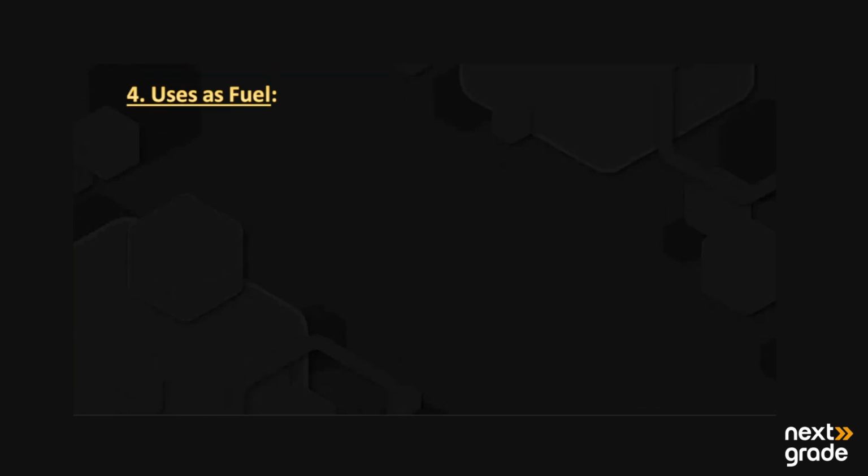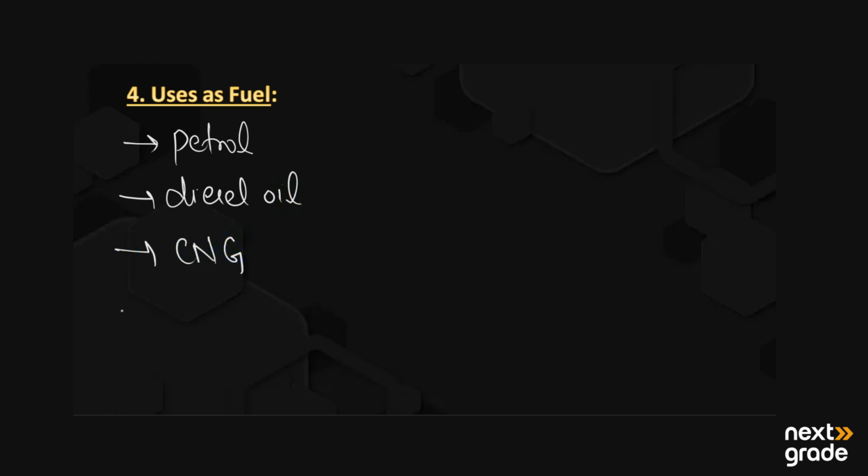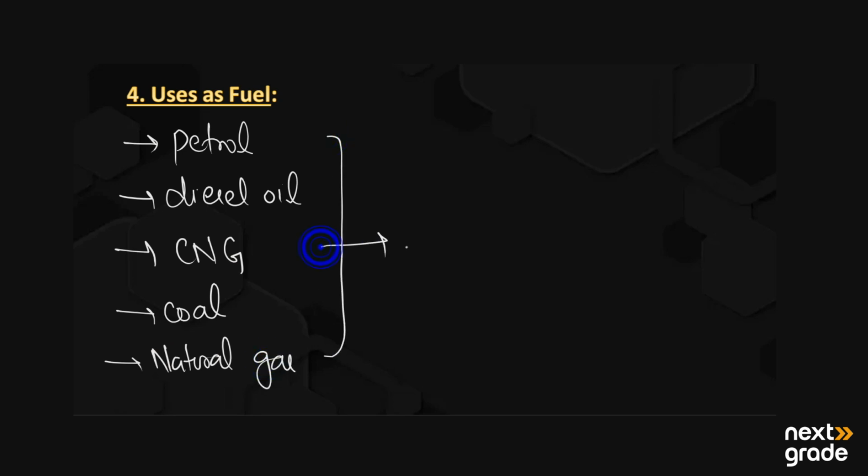Next, we have their use as fuel. The fuels that we use in our daily life are mainly petrol, diesel oil, compressed natural gas known as CNG, coal, or natural gas that we know as sweet gas. All these are organic compounds.